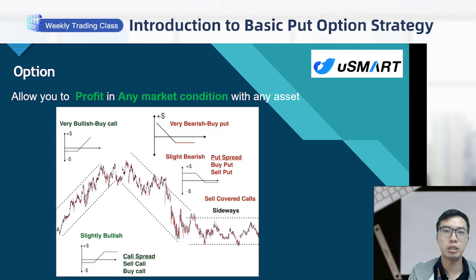So when the market is very bullish, we can execute the call option strategy, and when the market is very bearish, we can execute put option strategies. However, when the market is sideways or very slow, we can go in to sell the options. That's selling option strategies, and there are many kinds of strategies that can cover different types of market movement.